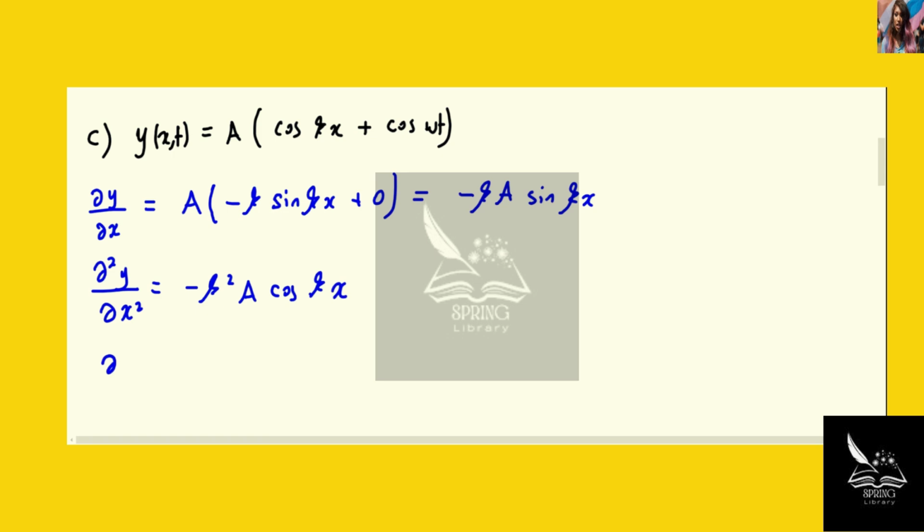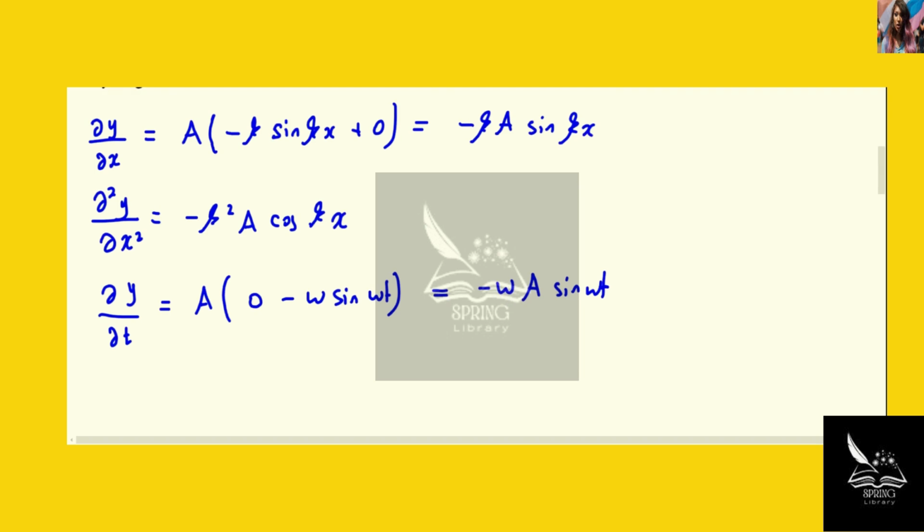The first time derivative, partial y partial t, is equal to a. Now the first part here doesn't depend on time, so it's 0, plus, because we have cosine here, when we derive it, it will be negative omega sine omega t, and this is equal to minus omega a sine omega t.